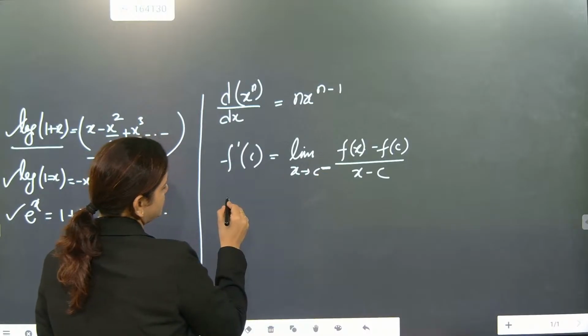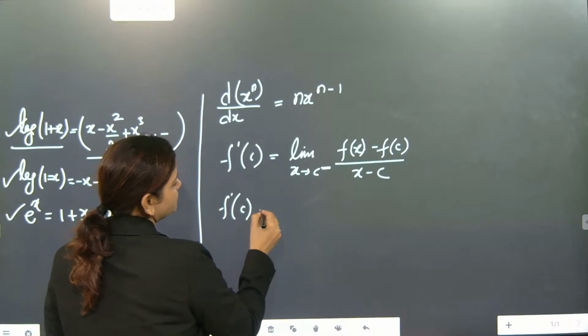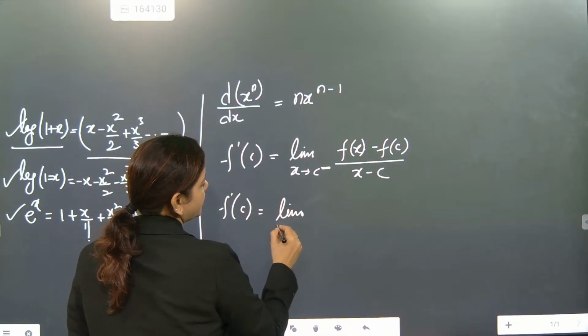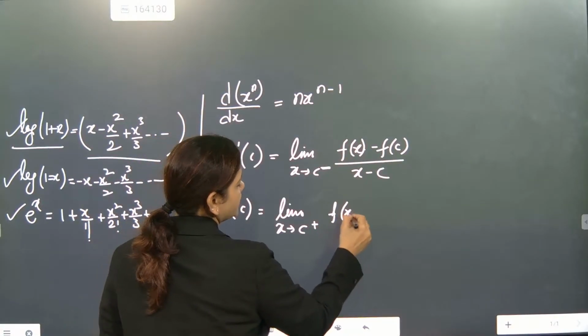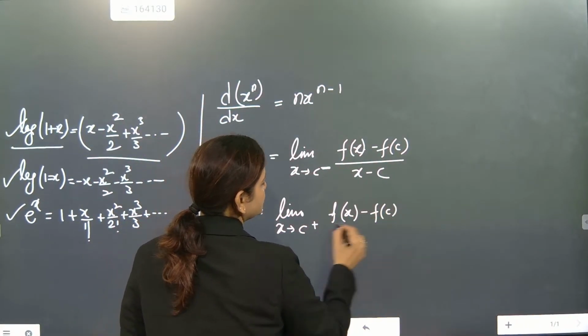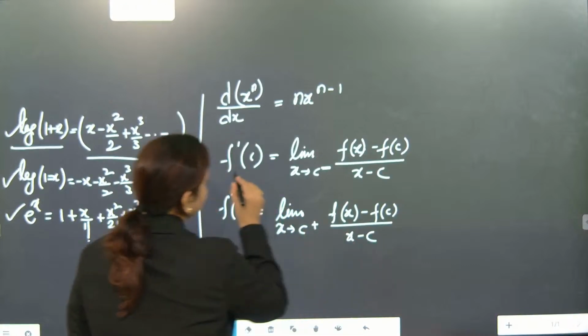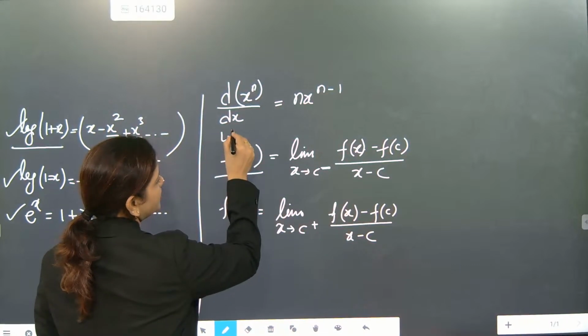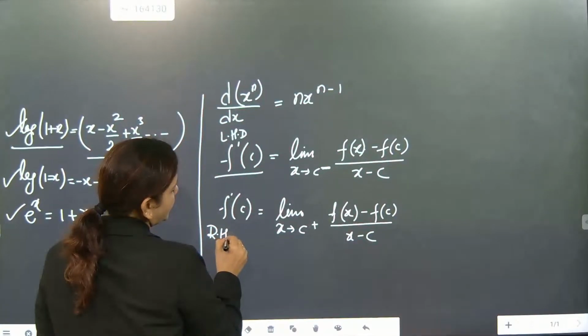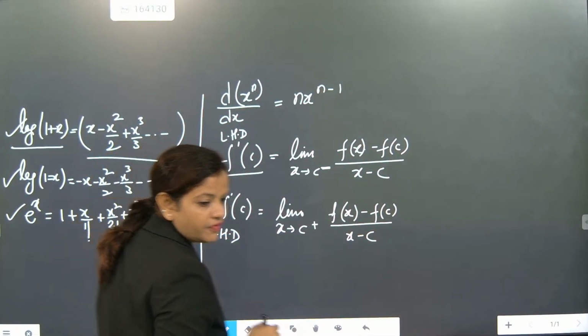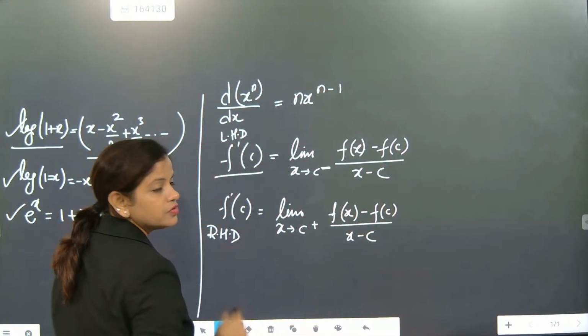Here c minus is there. Same, this part will be limit x tends to c plus, f of x minus f of c by x minus c. So this part is called the left hand derivative and this part is called the right hand derivative, where x will be tending to c.